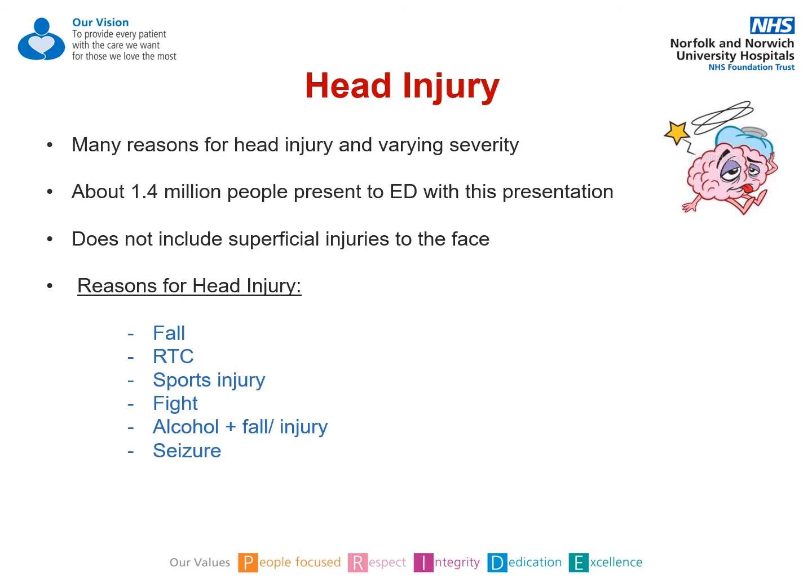Then seizures. Somebody might be epileptic or they might not be. If they've been standing and gone into seizure, they might have hit their head, or they may have been sitting down but, through having the seizure, accidentally hit their head on some furniture.